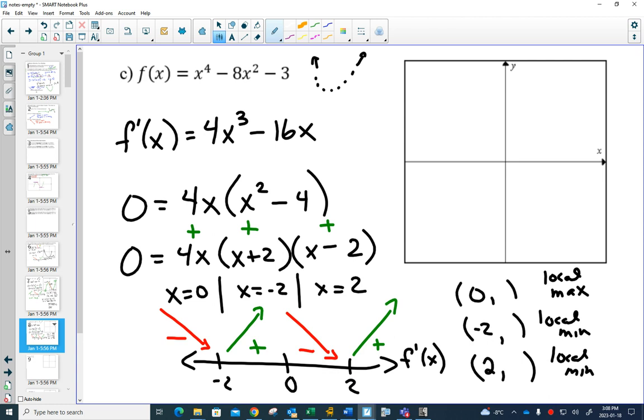And if I want to find out where these points actually are on the graph, I'd have to plug into my original equation. So 0, really easy to get -3. -2 will be 16 minus 32. -16 minus 3, -19. And plugging in +2, because those are even exponents, will come out to the same thing.